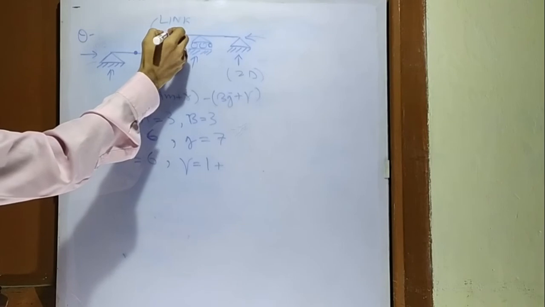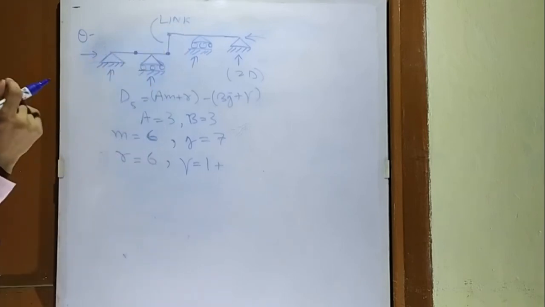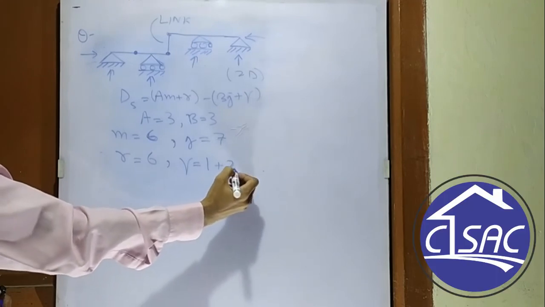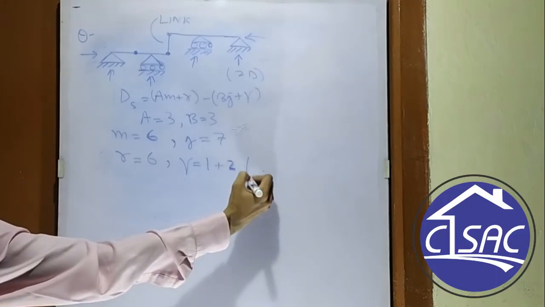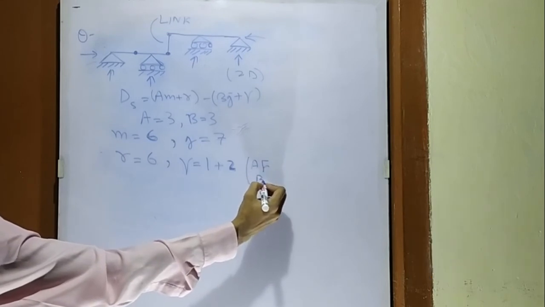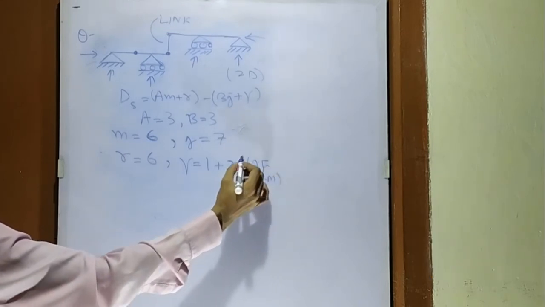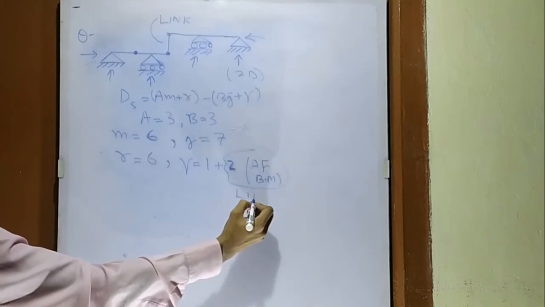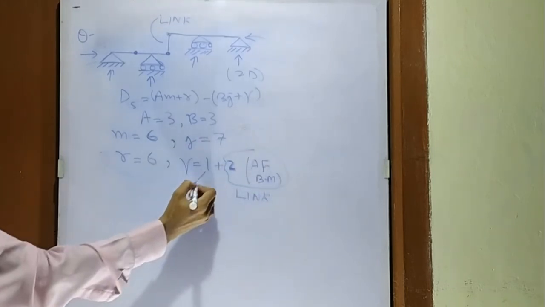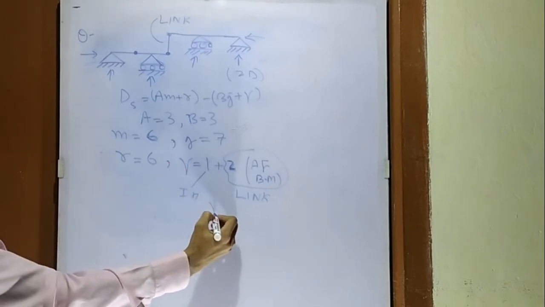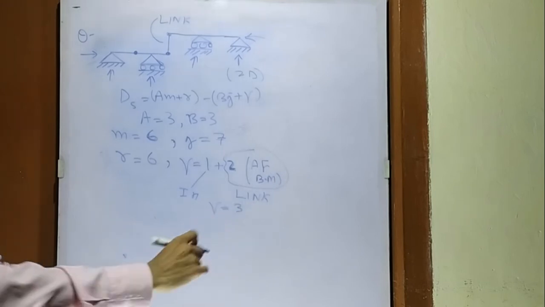So the link cannot transfer any type of moment, so this will release 2 things: axial force and bending moment. So these 2 are for the link, and this is for the internal hinge. So gamma comes out to be 2 plus 1, 3.